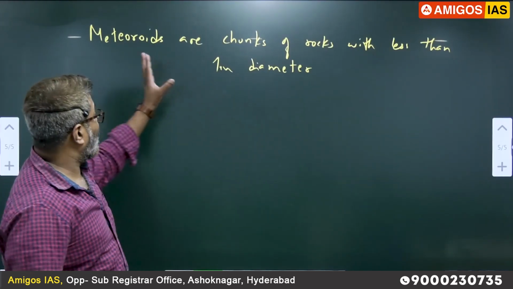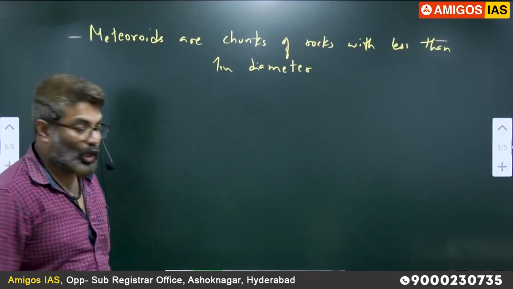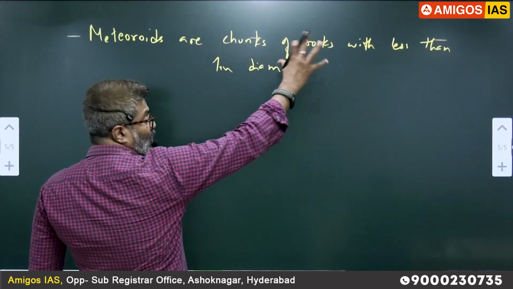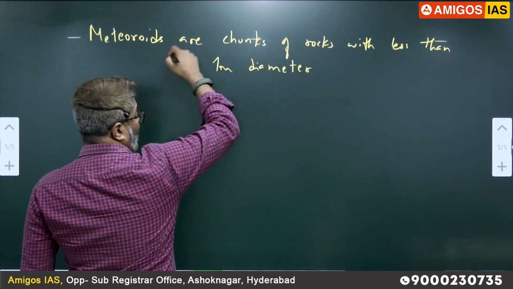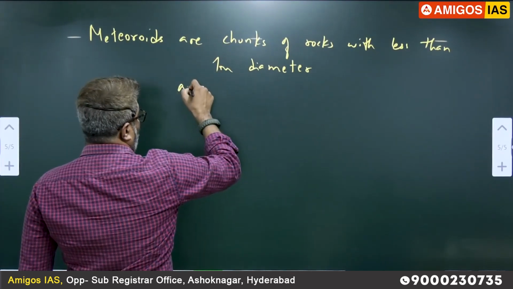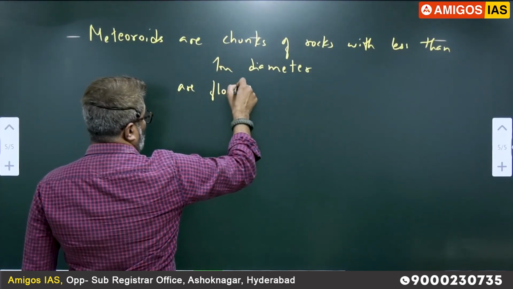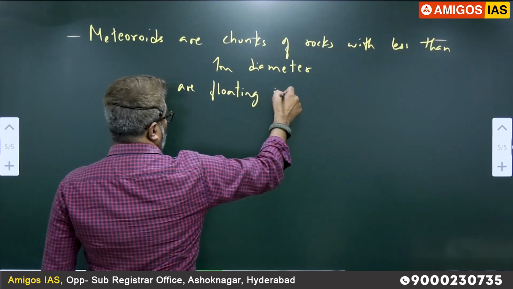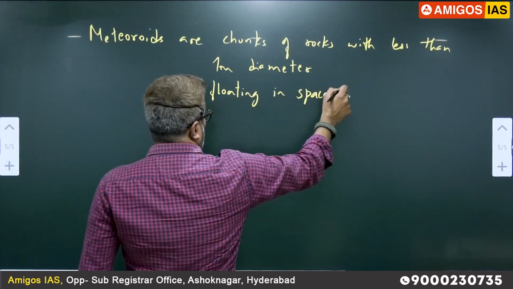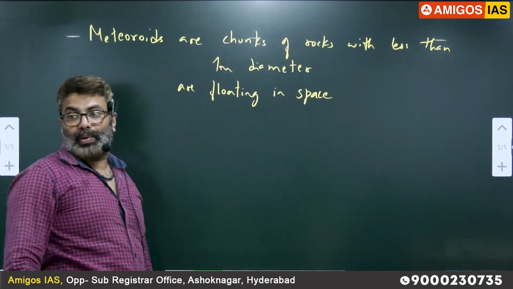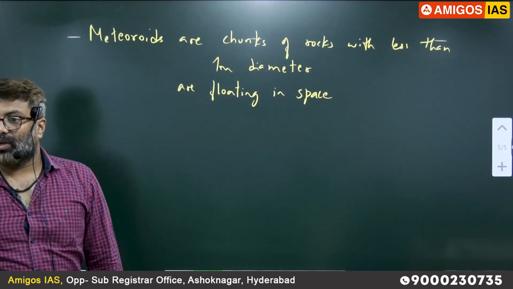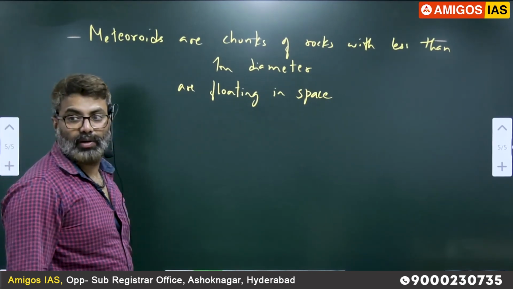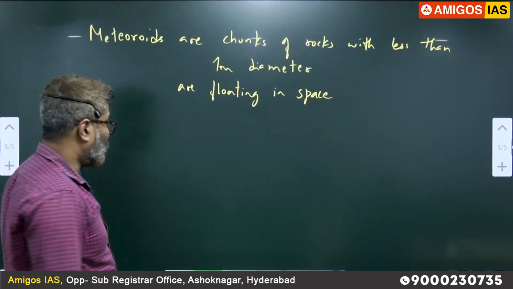Basically, they are pieces of rock less than 1 meter diameter, floating in space without a definite orbit.